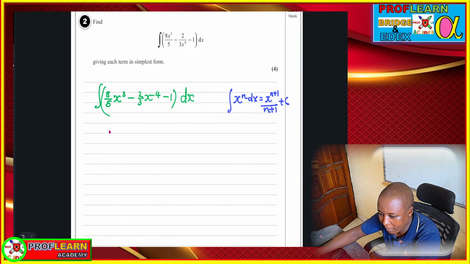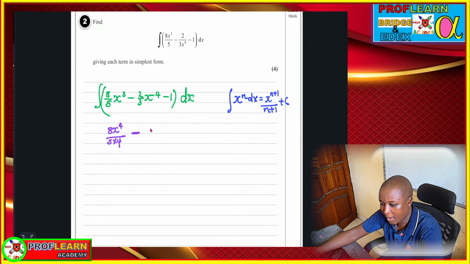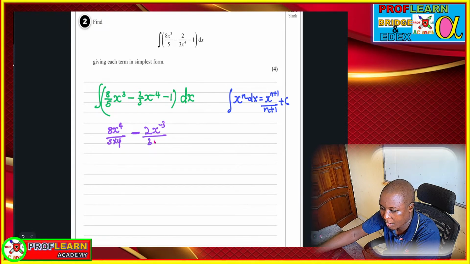So this is going to be 8 x raised to the power 3 plus 1, so that becomes x to the power 4 over 5 times 4, because there was this 5 at the denominator, minus 2 x raised to the power negative 3 over 3 times minus 3, minus x then plus c.